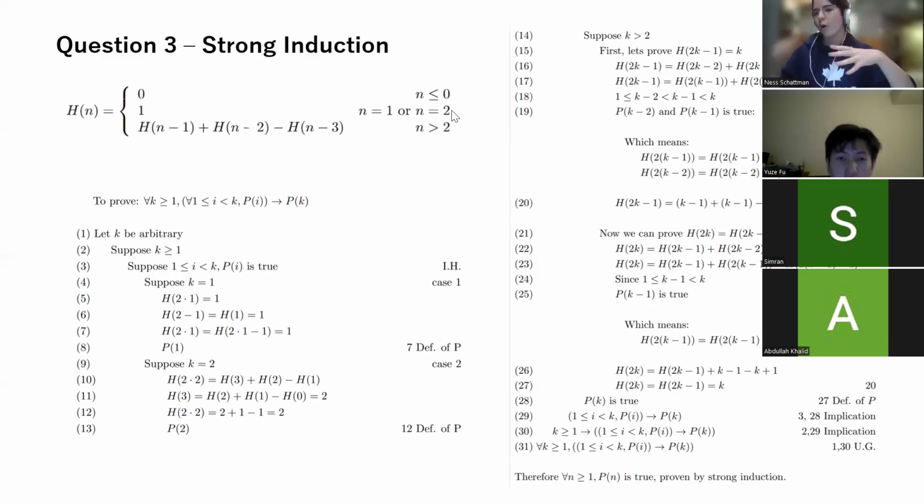Those all have their own special definitions. We don't have some universal thing that holds about them. H of 0 is 0, and that's how it's defined. H of 1 is 1, H of 2 is 1, that's how it's defined. So we can't really apply any sort of general logic to them, so we need to have special cases for all of those.